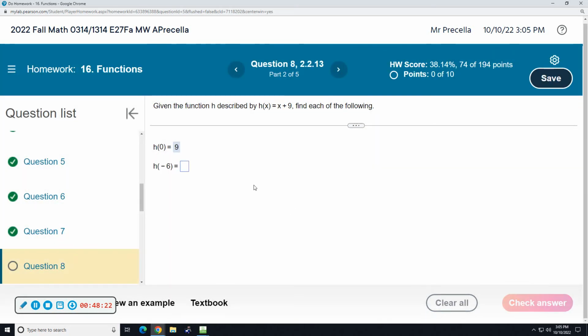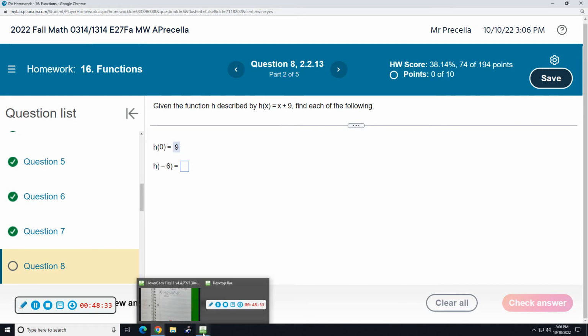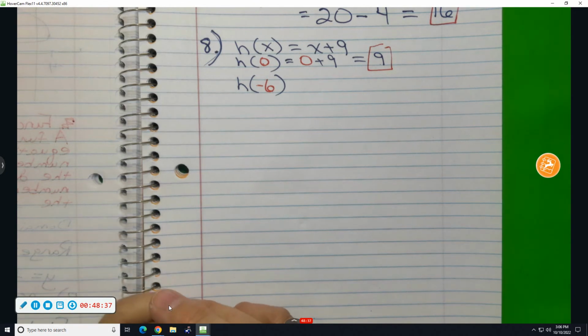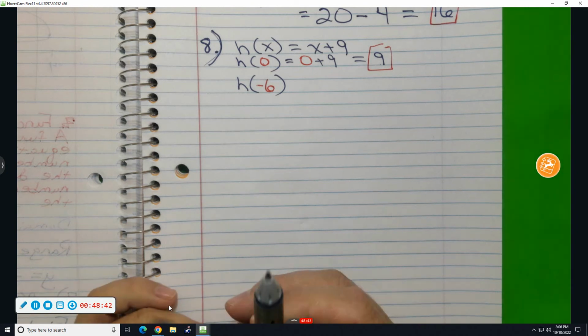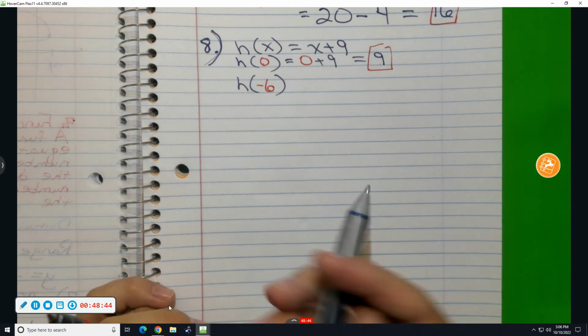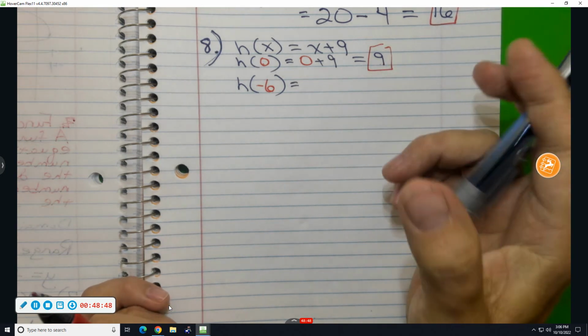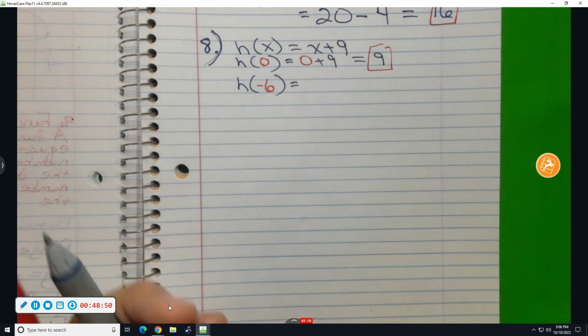What about h of negative 6? Let me write this down. This says go to your function h, and wherever you see a variable, an x, replace it with negative 6.